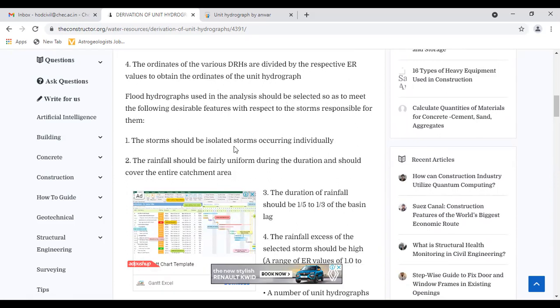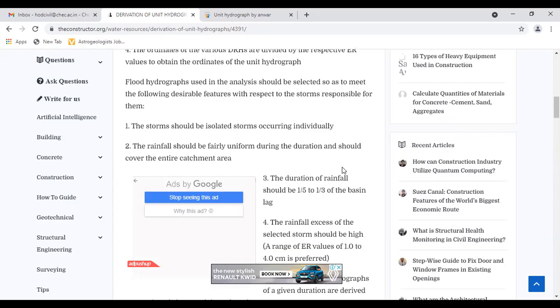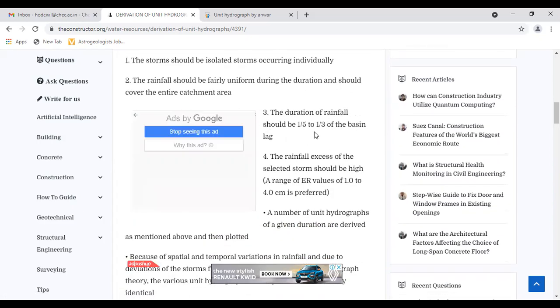The storms should be isolated storms occurring individually. The rainfall should be fairly uniform during the duration and should cover the entire catchment area. The duration of rainfall should be 1/5 to 1/3 of the basin lag.